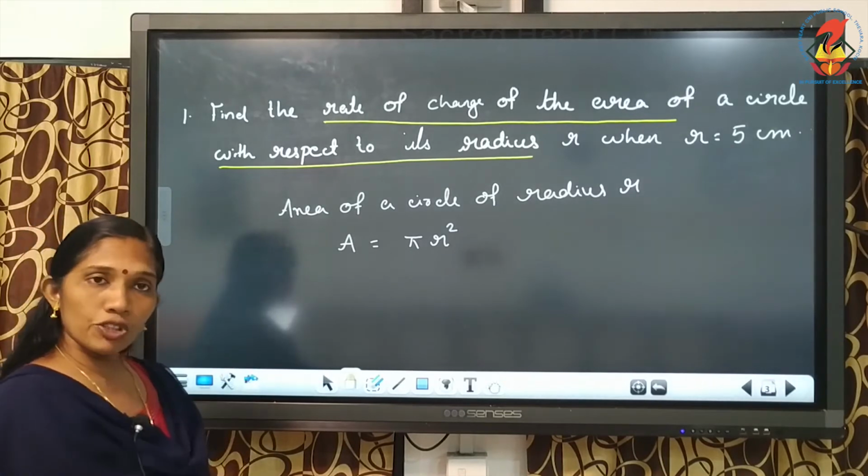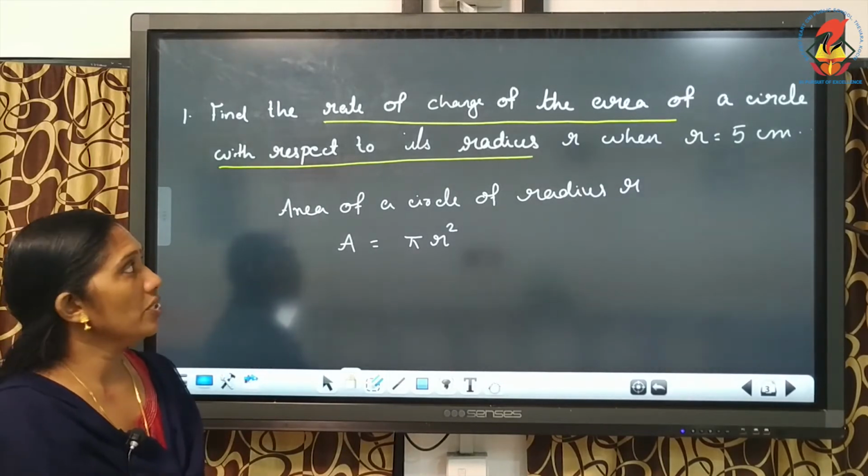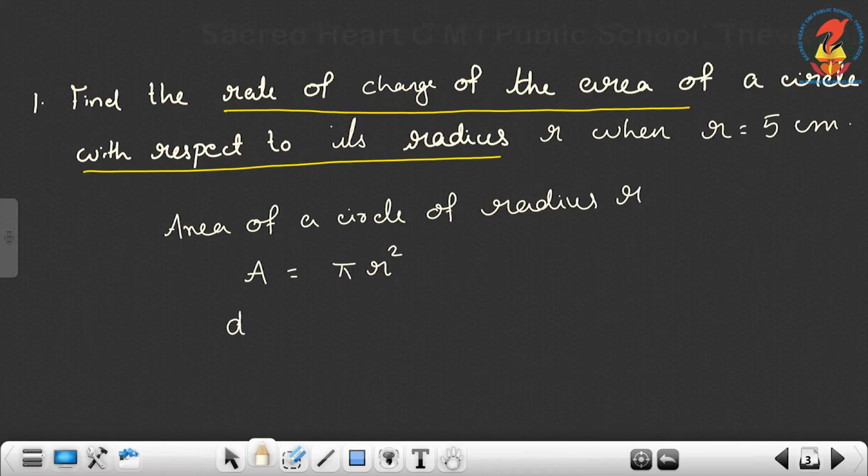Then what we have to find? Rate of change of area. So the notation is dA, with respect to what? With respect to its radius, so dr. dA by dr we have to find.